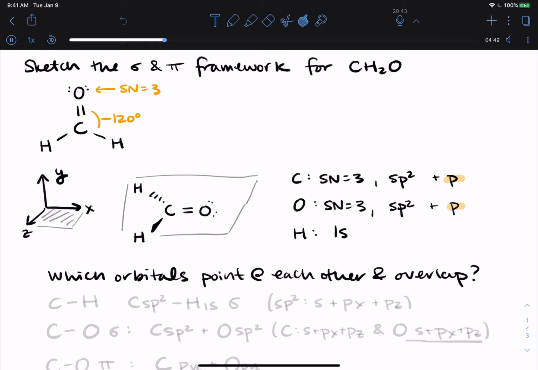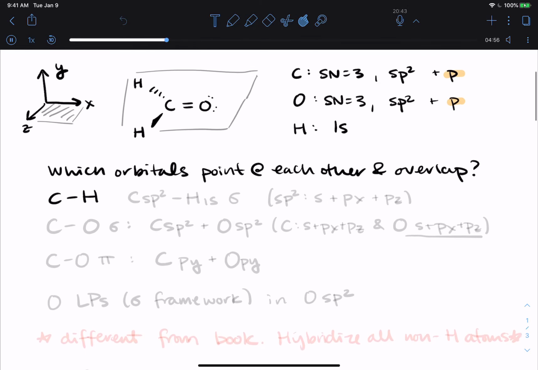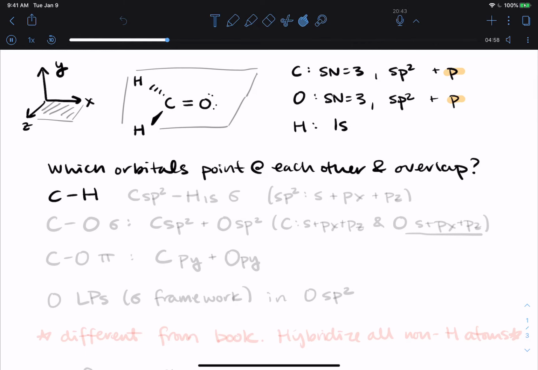So my carbon-hydrogen bond, I need to make a sigma bond between carbon and hydrogen. So this is going to be a carbon sp2, hydrogen 1s sigma bond, and those bonds are in the xz plane.